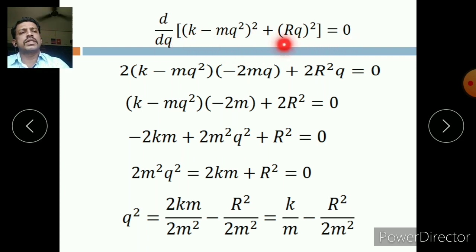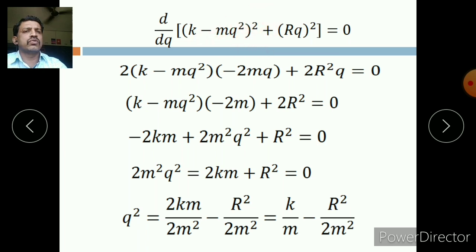Maximum means it may be constant, so the derivative is equal to 0. Then we differentiate this equation, taking the derivative first.